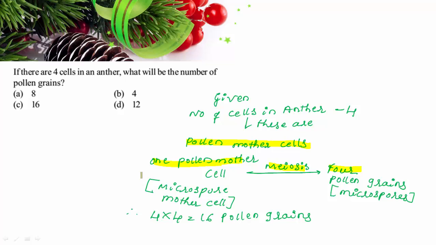Therefore, the total number of pollen mother cells of the anther is given here, and cells of the anther are nothing but pollen mother cells. When one pollen mother cell produces 4 pollen grains, from 4 pollen mother cells, the number of pollen grains produced is 16. So the right answer is option C.